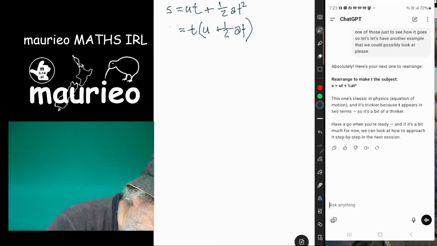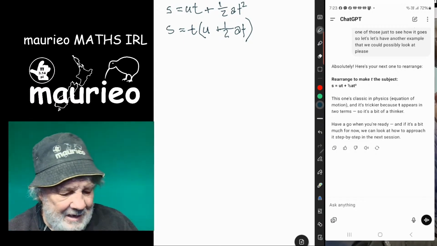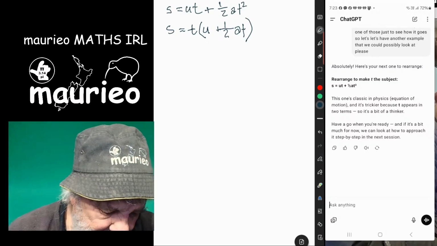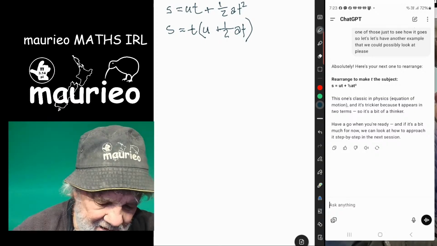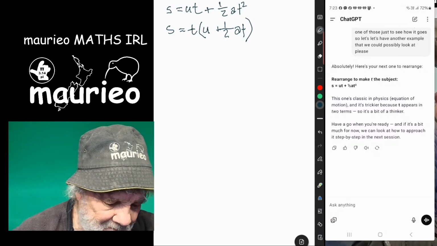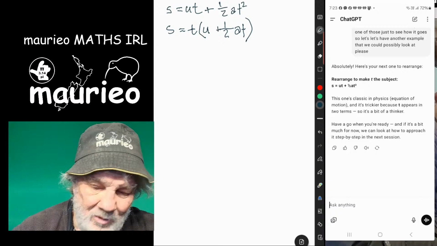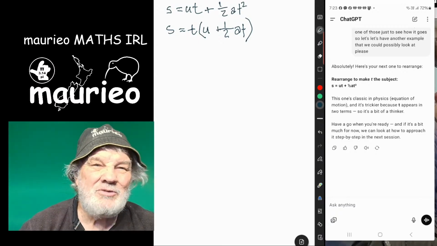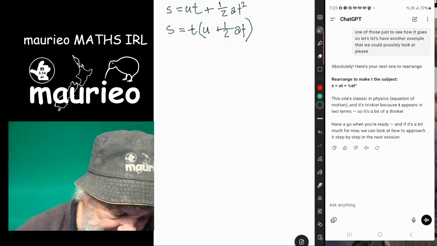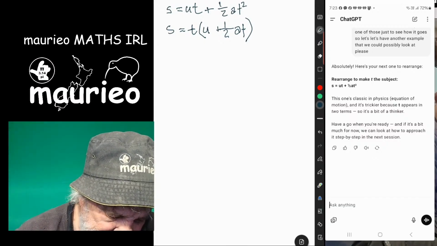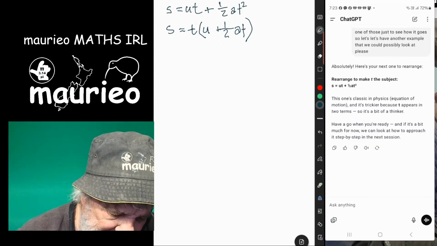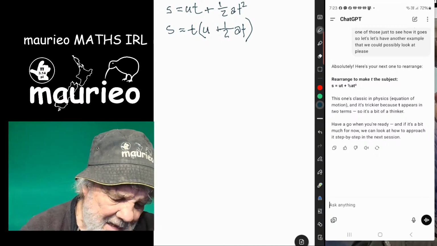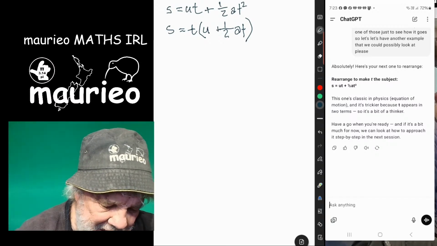S equals that. So we would have t times half a t. I'm not having them prepared for this one, but I'll see how I go. So what I would do now is half a t squared.